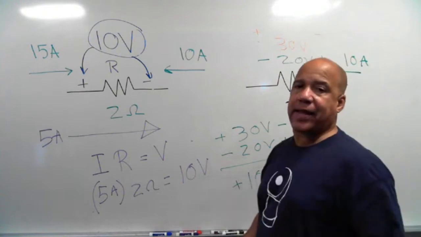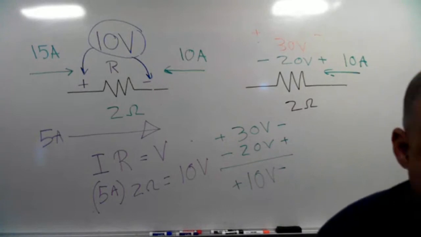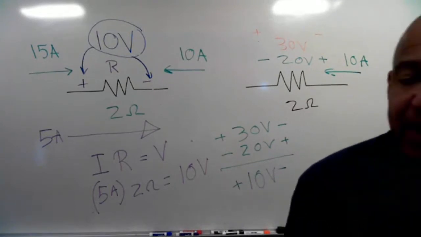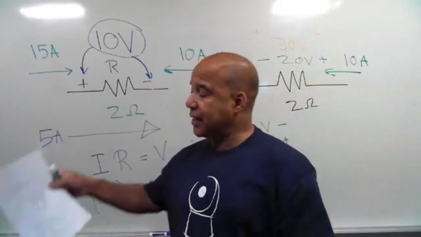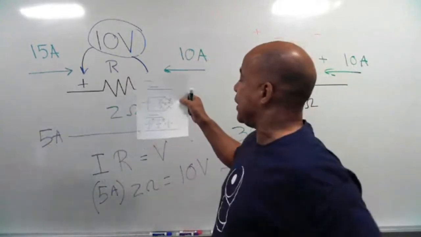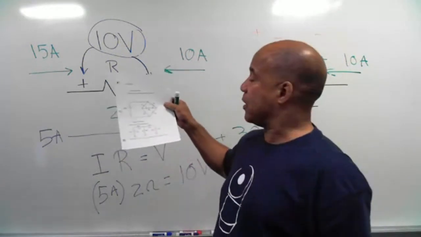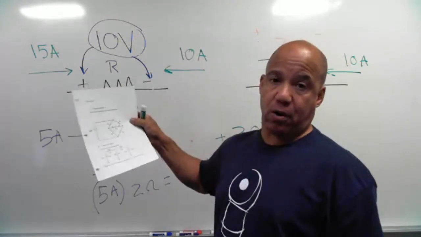Now, if you have your handouts from Blackboard, get the one out that has the Wheatstone bridge on it, because there's a problem at the bottom of that page that I want to use as an example problem. So if you get the sheet out with the Wheatstone bridge on it, topic 2 on that sheet, there's a circuit we're going to use as an introduction to the superposition theorem.